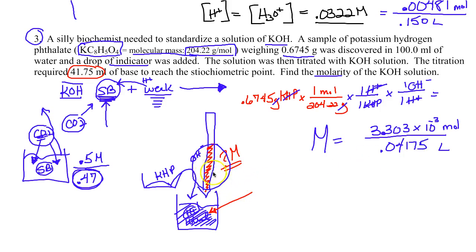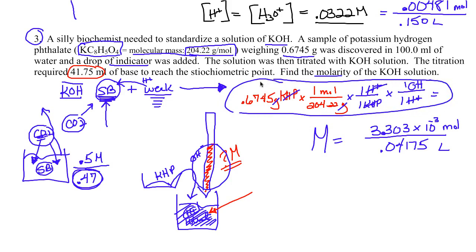We're after this original. We can do that because we added enough base to match the H pluses. Guess what? We knew the H pluses by measuring the grams of KHP.